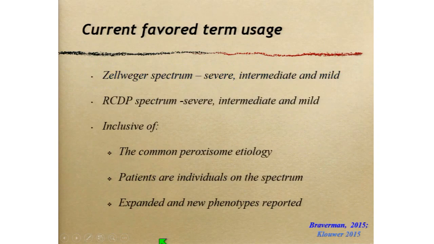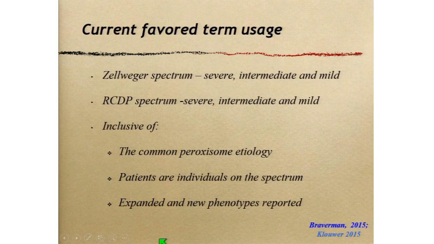And the current favored term usage is Zellweger spectrum, severe, intermediate, mild. So we're no longer using Zellweger syndrome, neonatal adrenal leukodystrophy, and infantile Refsum's disease to describe those same categories.